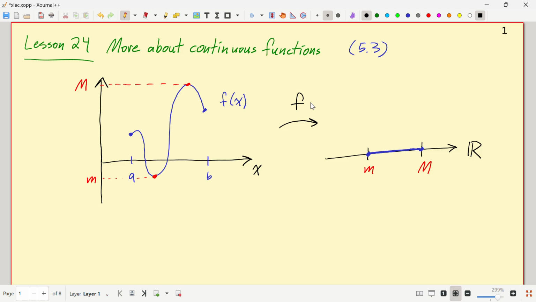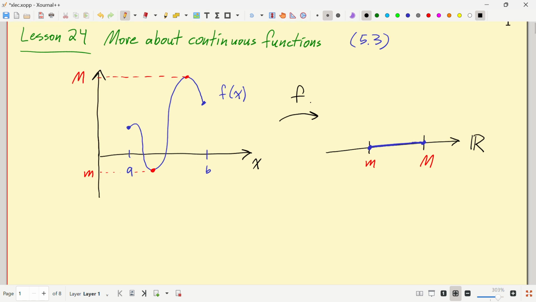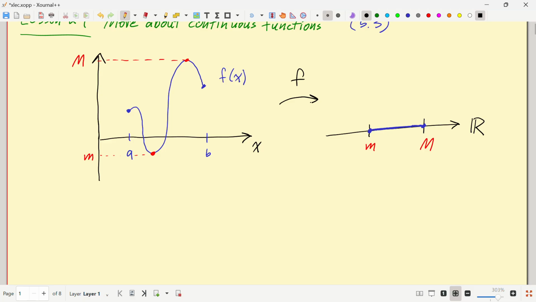So that thing I showed you at the end of the last lecture, it was a consequence. We had two facts, namely, let's see, this picture is actually f as a mapping from the interval AB into R. So a continuous function on a closed interval.